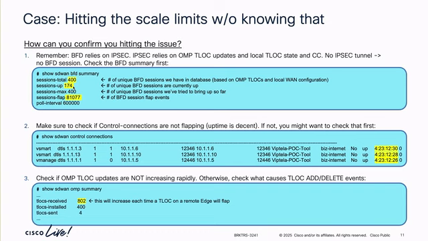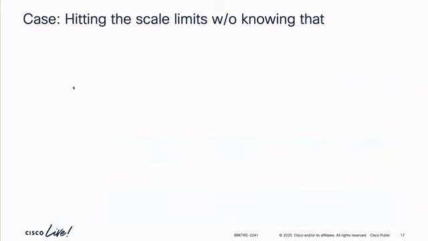Again, I cannot really define the words slow and fast, but you can take a look at your environment and how it works in normal operations, and then compare with some situations you will see in the future. Hopefully not, but if you see that, you will know what to do.